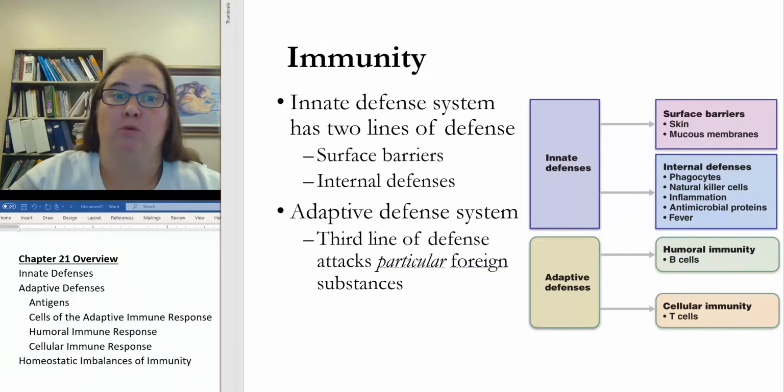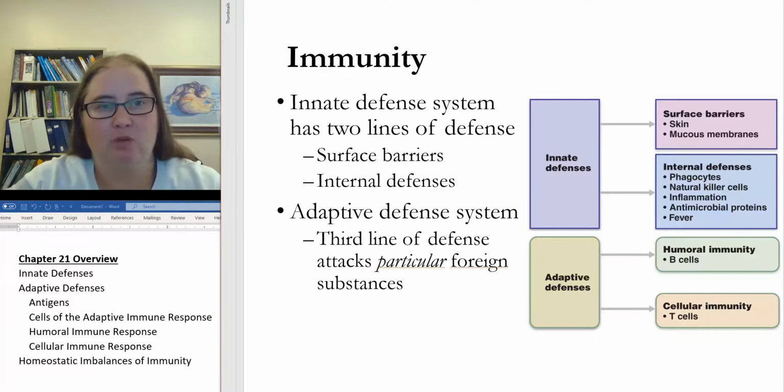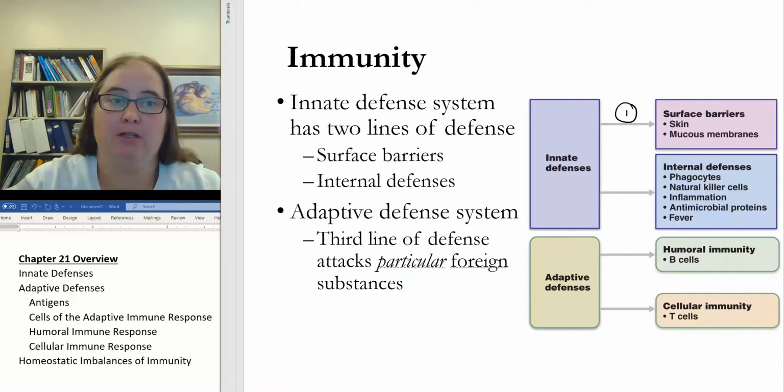So when we look at our different kinds of defenses, we have, again, our innate defense. We have two lines of defense within our innate system. We have our surface barriers. This includes things such as our skin and mucosa, which we'll talk about more extensively on the next slide. Our second line of defense are our internal defenses.